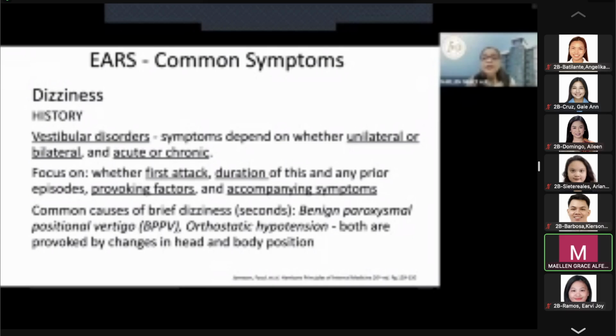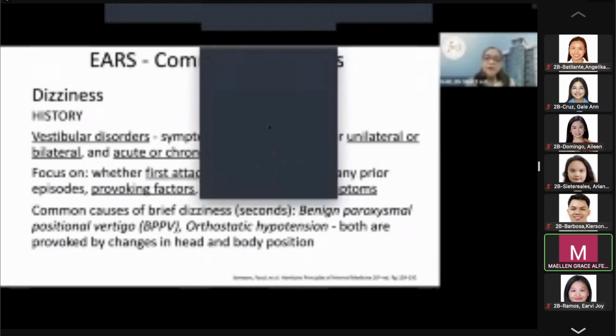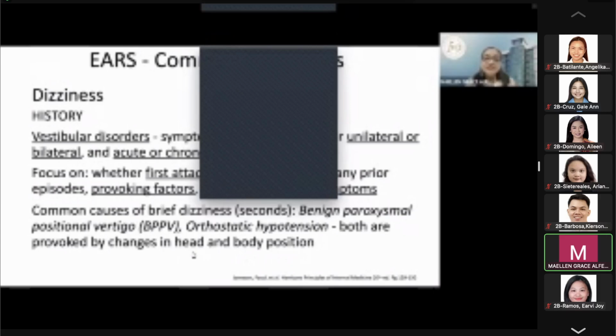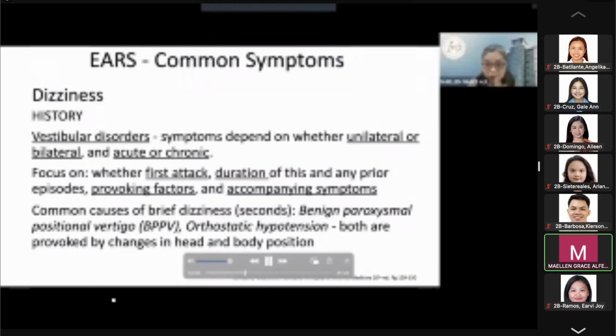So usually, brief episodes of dizziness, occurring in seconds, are from benign paroxysmal positional vertigo or BPPV, or orthostatic hypotension. Both of these are provoked by changes in head and body position.